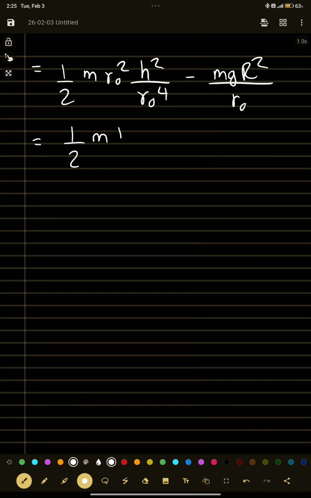So you get half m h square by r naught square minus m g r square by r naught. So this is Ek, which is finally equal to Eg.